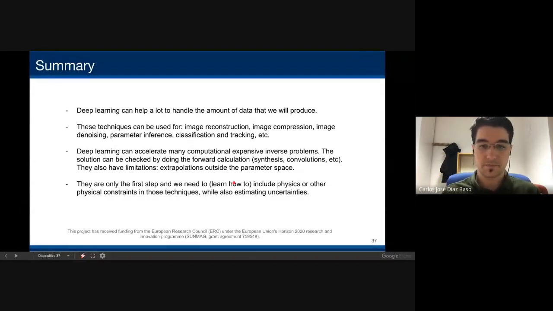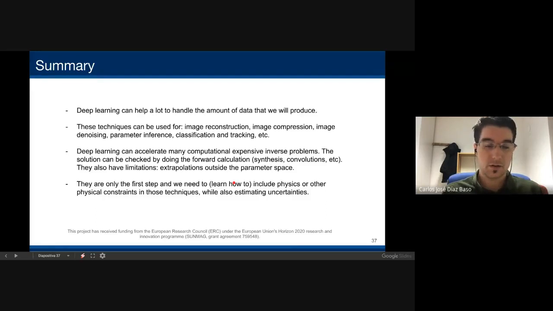So from the inversion of the neural network, we can synthesize and check the profiles. The same with the deconvolution. We can do the deconvolution and check the results. But we have to know the limitations. And one of the most important limitations is the extrapolation outside the parameter space.